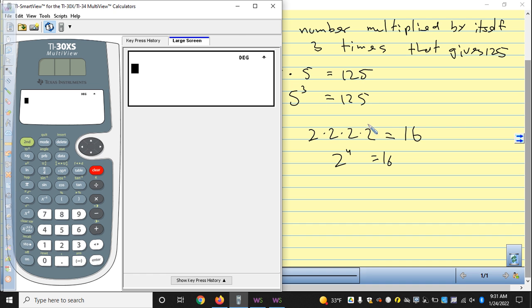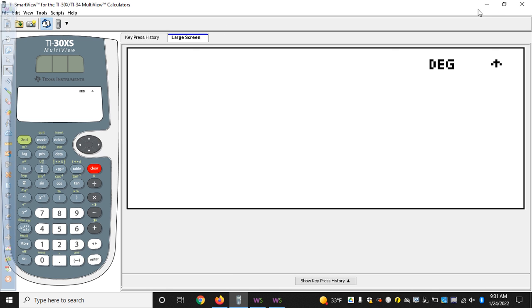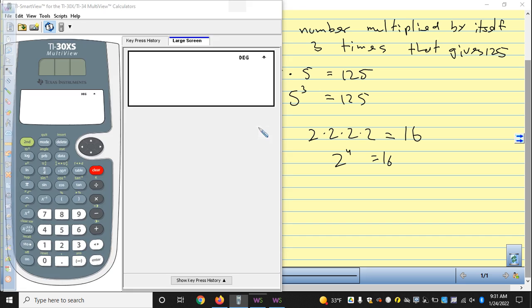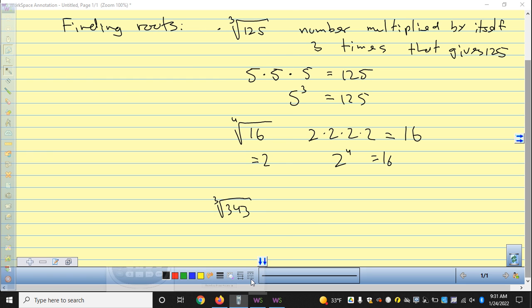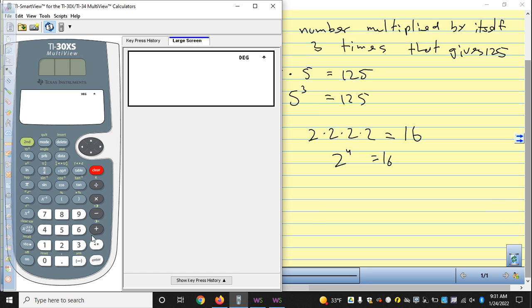So for this problem, we want the third root. So what I'm going to do is say 3, because we want the third root. And then this up arrow, I want to delete that.